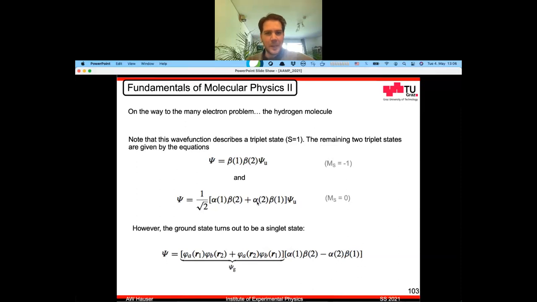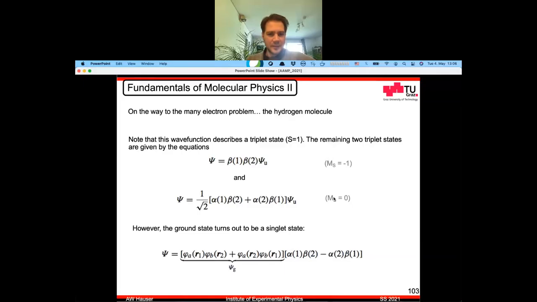So this would be our combination. This is again symmetric in spin, but has a total orientational quantum number ms equals 0, belongs to this group of the triplet with s equals 1, and is one of them, namely the one with ms equals 0.